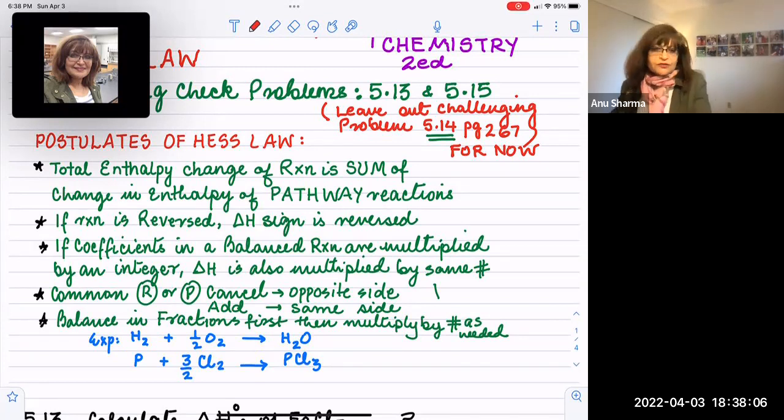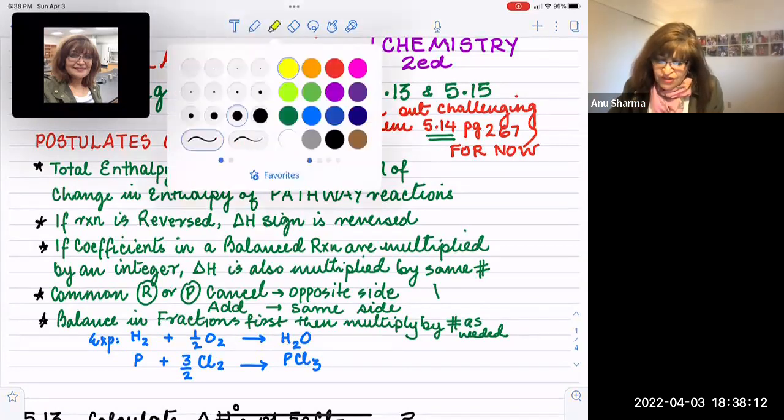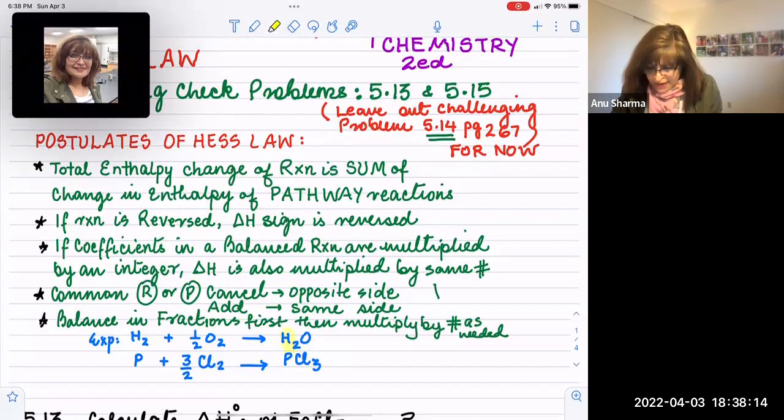So let's look at this. First of all, hydrogen plus half of oxygen is equal to water. In water, there are 2 hydrogens, and here we have 2 hydrogens, so this is balanced. But on the water side, we have 1 oxygen.